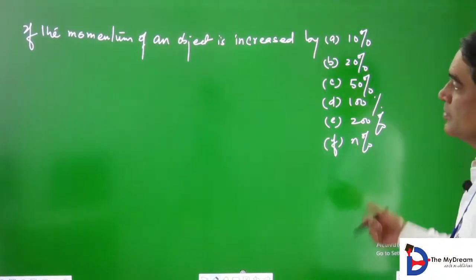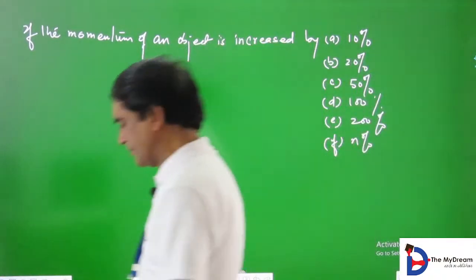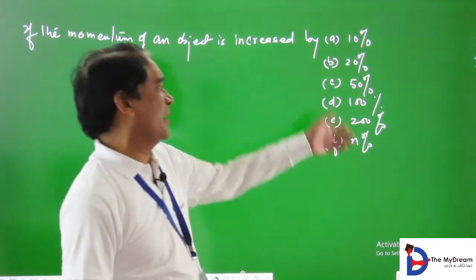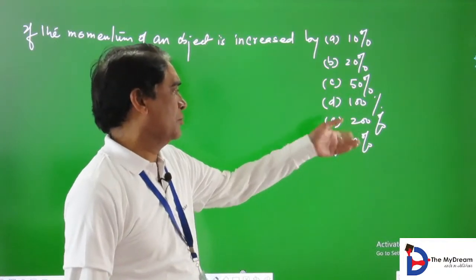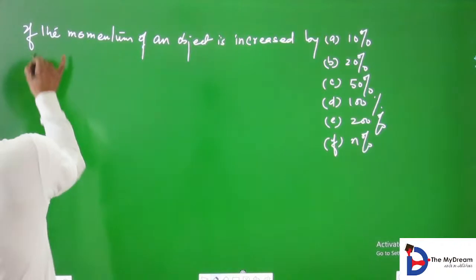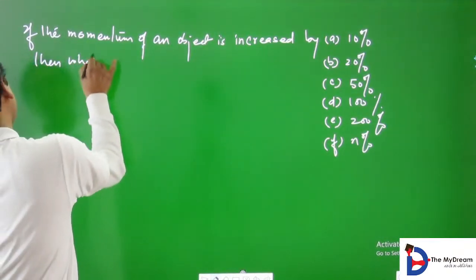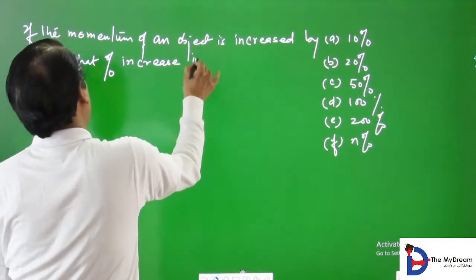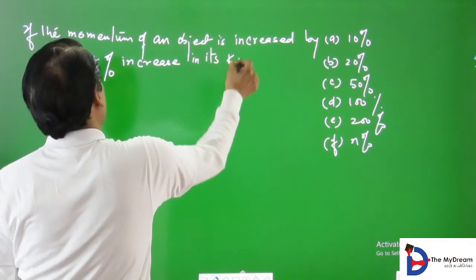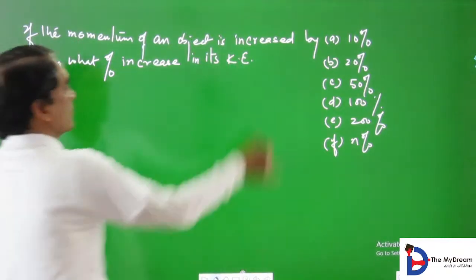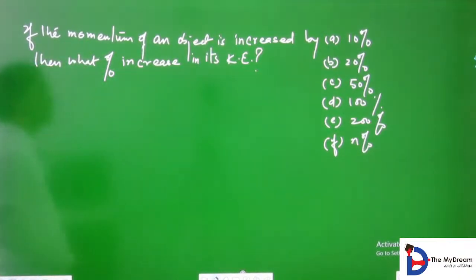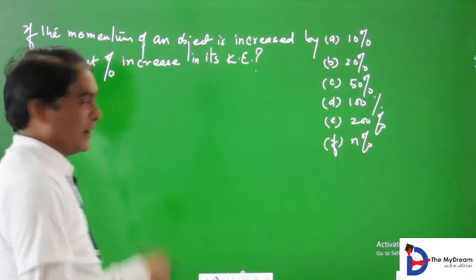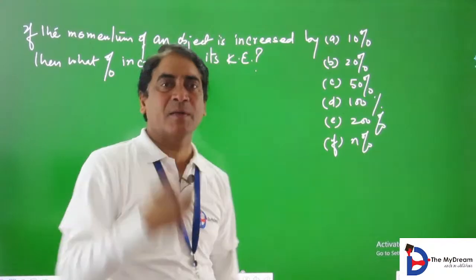These are the different questions. मैंने एक साथ ही लिख दिया. If the momentum of an object is increased by 10, 20, 50, 100, 200, n%, then what percentage increase in its kinetic energy? ठीक है, पहले एक एलोबरेट करके समझा देते हैं, फिर ट्रिक्स बता देते हैं. ठीक है.